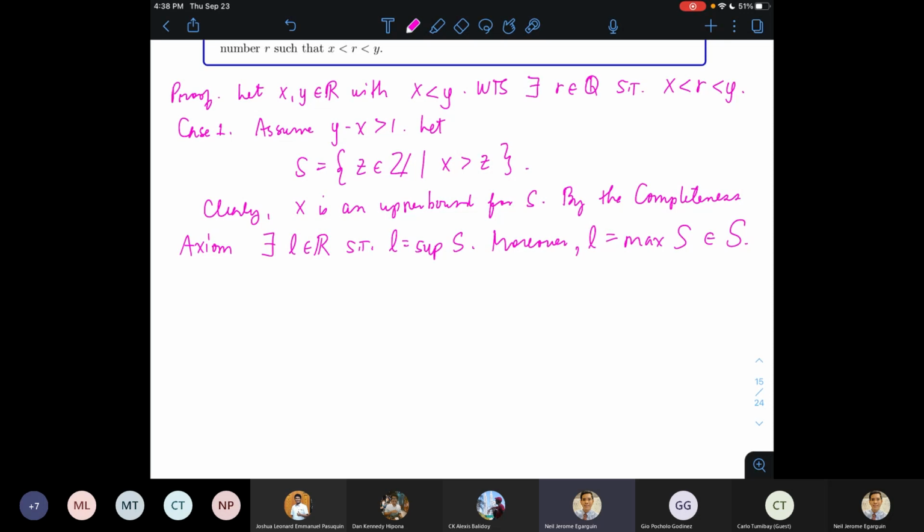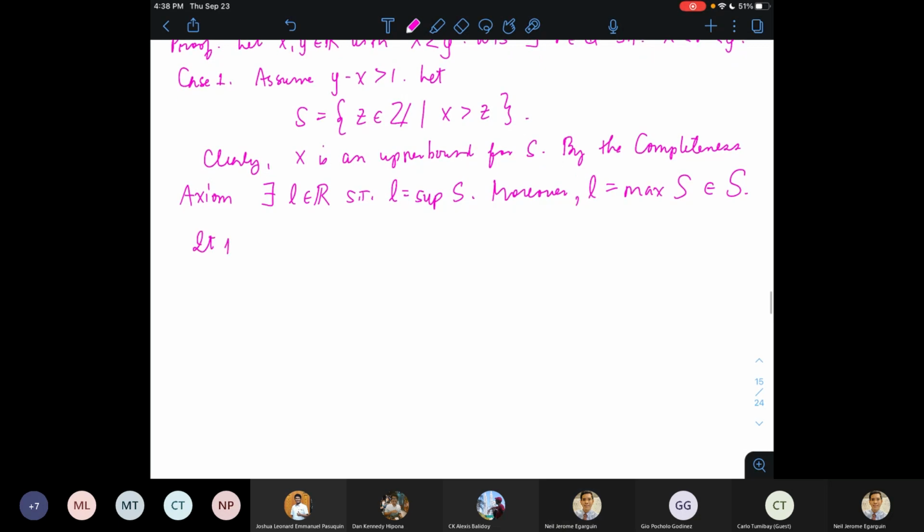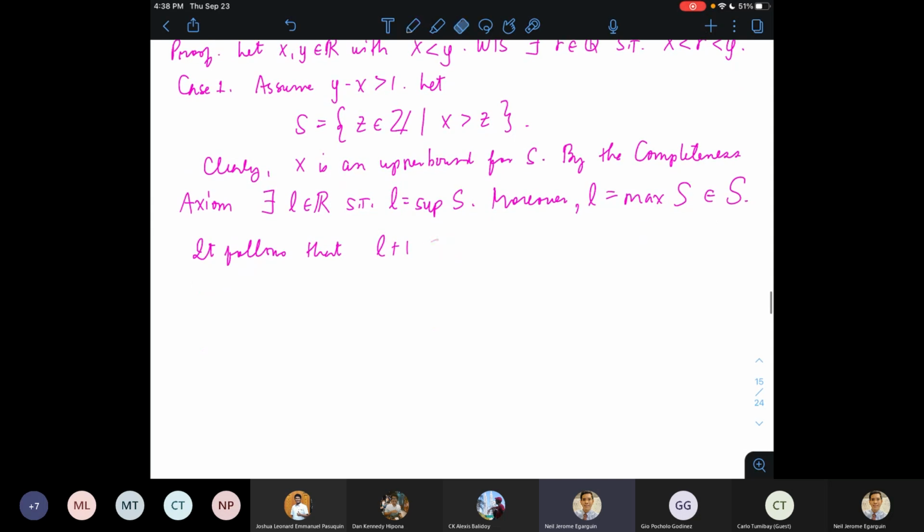Bakit gusto kong i-insist na si L ay naka-capital S? So, this means that L plus 1 must be greater than X. Agree?